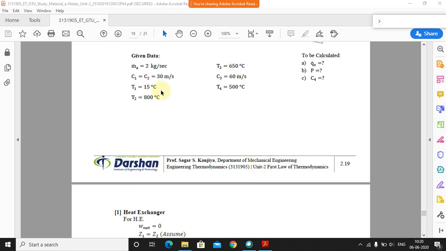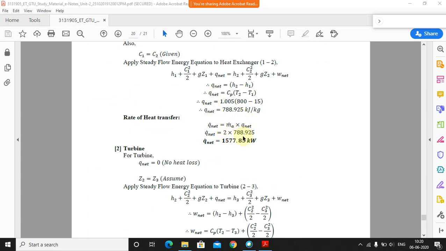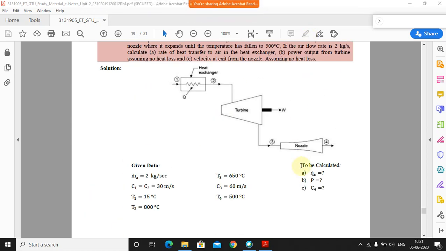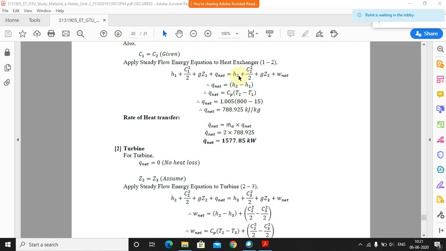The mass flow rate is 2 kg per second, so 2 into 788.925, the q net is given as 1577.85. So this is the final value for the rate of heat transfer to air in a heat exchanger. Clear? Any doubt in this?